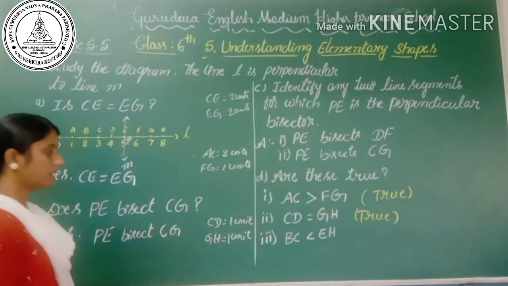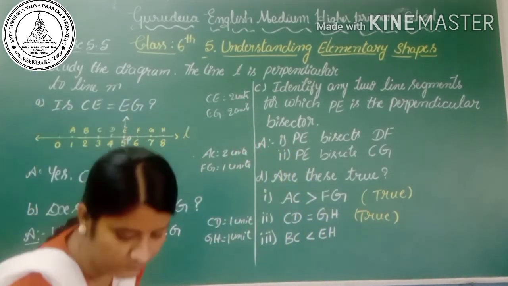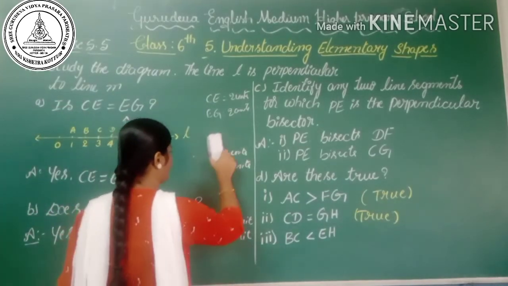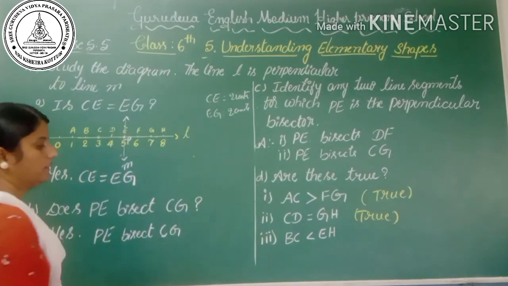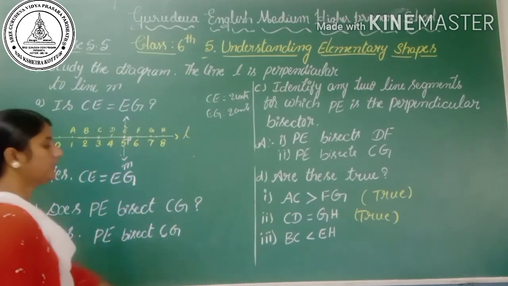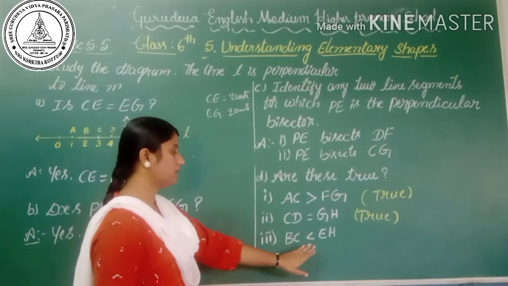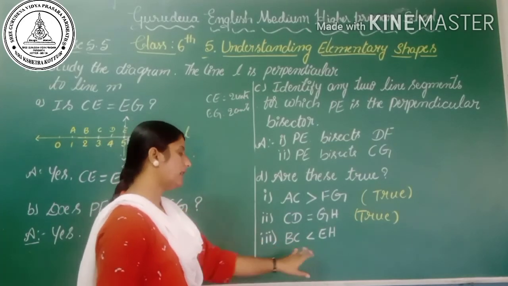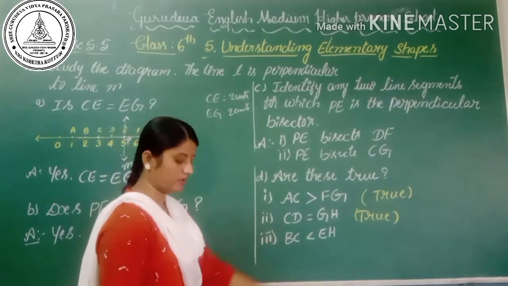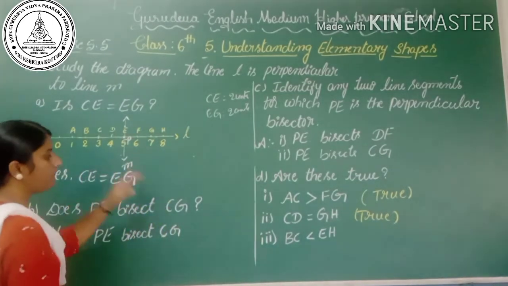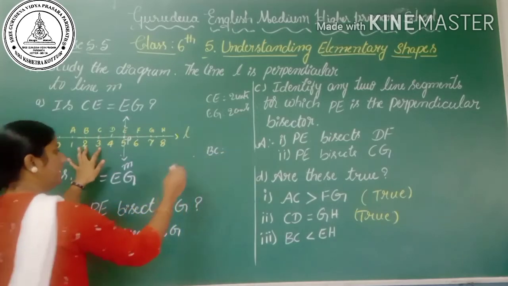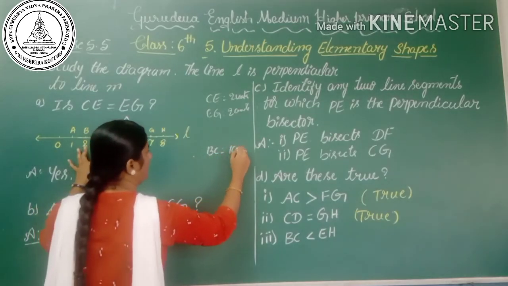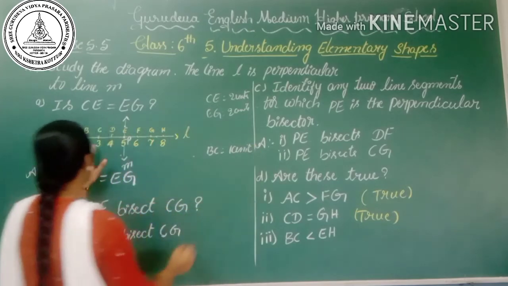Then the third one, BC is less than EH. What is the distance between B and C?